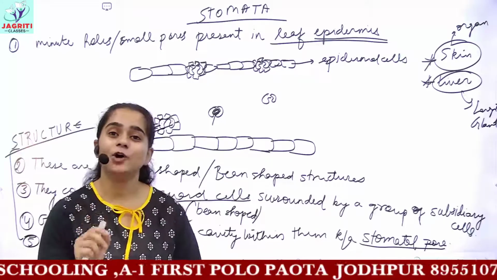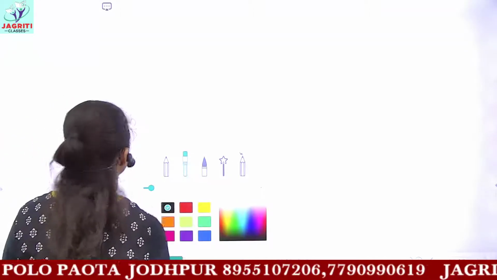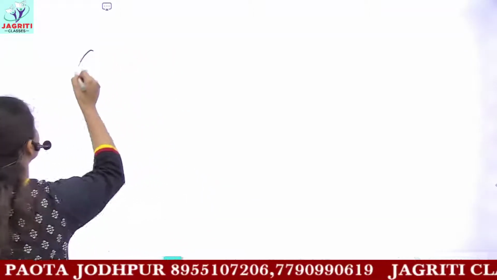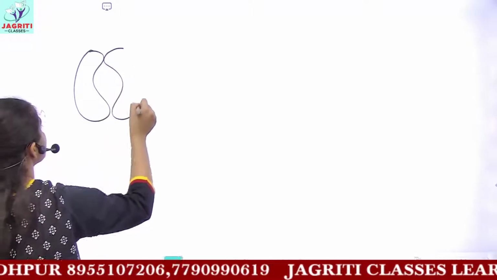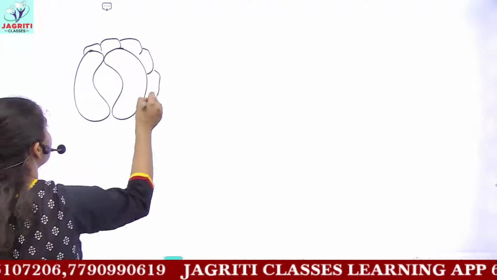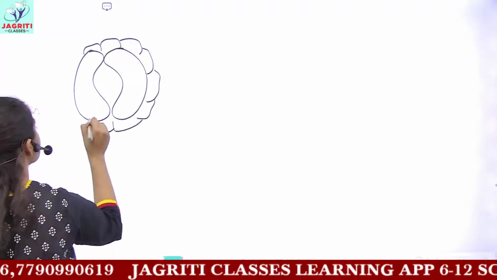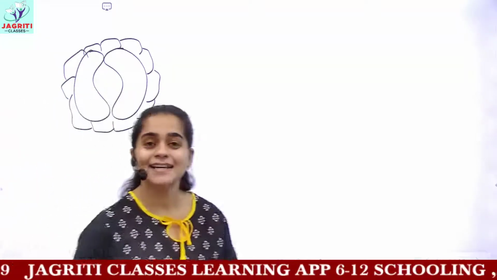The site for photosynthesis, it is a kind of plastid which contains green pigment, chlorophyll. Now drawing the structure of stomata. So this would be a rough sketch of stomata, and you can also see the structure of stomata in your books. A very neat and nice structure is given in your NCERT textbooks.